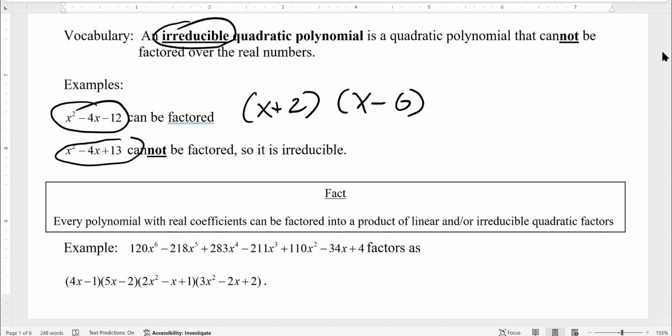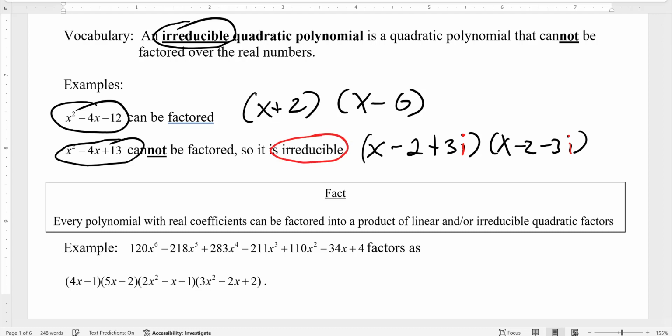This one cannot be factored using real numbers. Now you can factor it, and this factors as x minus 2 plus 3i and x minus 2 minus 3i. Notice in the factoring I had to use i. If you have to use i in the factoring, then we say that it is irreducible.